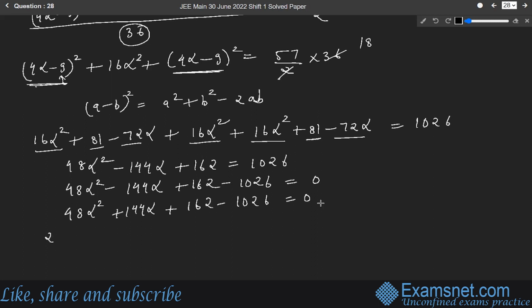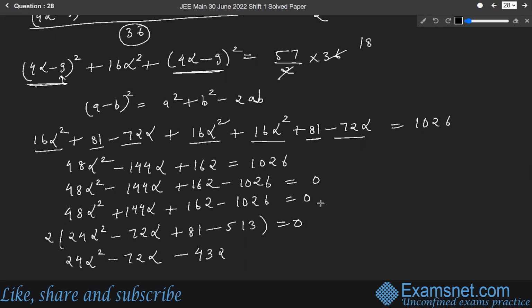Now when we take 2 common from this expression, the remaining terms will be 24 alpha square minus 72 alpha plus 81 minus 513. It will be equal to 0. Okay, when this 2 goes to the right hand side, 2 into 0 will be 0. So what are the remaining terms? 24 alpha square minus 72 alpha. Now 81 minus 513 is minus 432, because 513 is the bigger number. Now this is equal to 0.